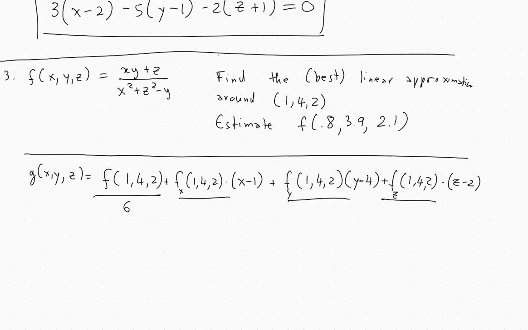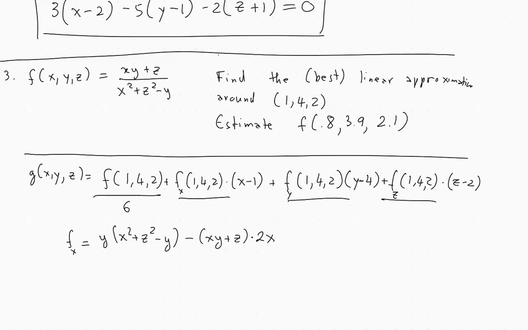About the derivatives now. Well, let's take the first derivative with respect to x. Quotient rule. So we will have the derivative of the top, which is y, times x squared plus z squared minus y, minus xy plus z times 2x, the derivative of the denominator with respect to x, over x squared plus z squared minus y squared.